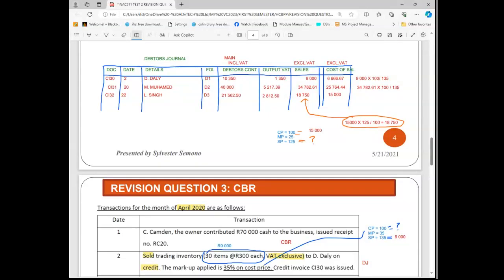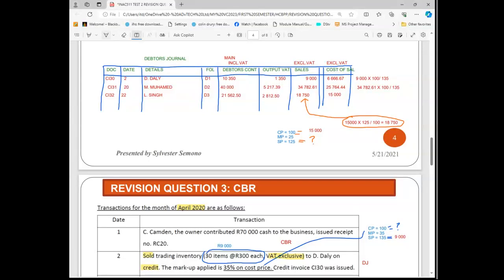The importance of knowing what they gave you first: with whatever they gave you, what is it possible that I can calculate now? Does that make sense? Yes. Because other things are impossible to calculate depending on what I have.